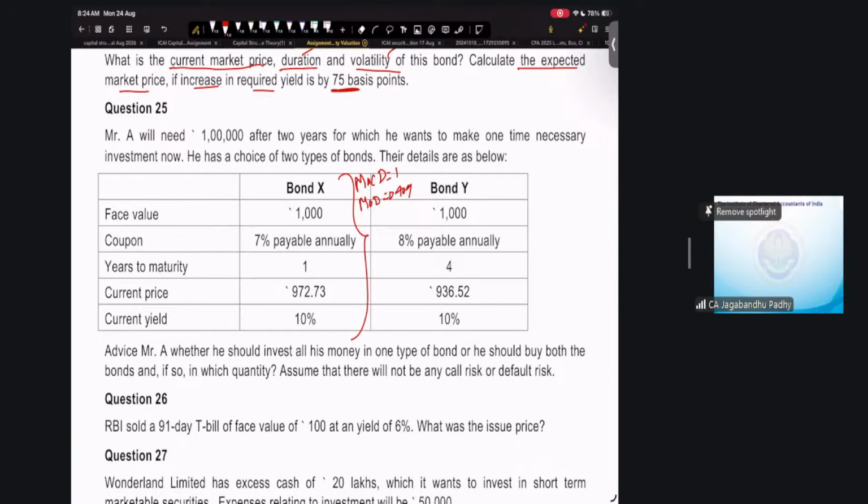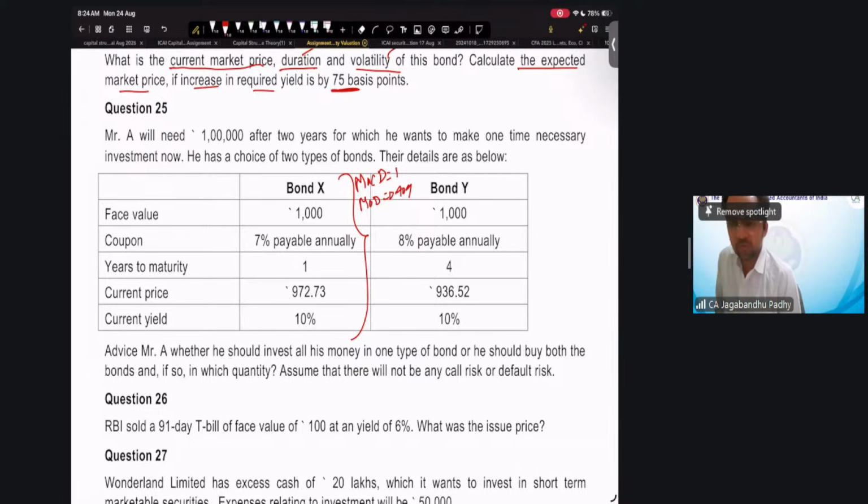Okay. So what we have are these numbers as Macaulay duration. For the first bond, it is 1. Macaulay duration for the second bond is 3.56.